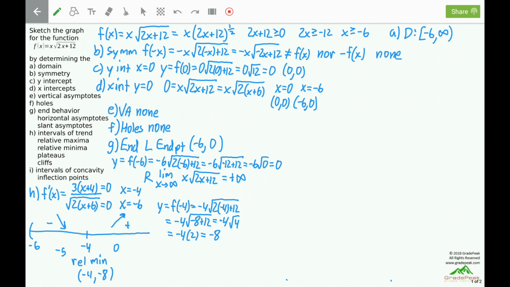Now, at the left endpoint, we also had a critical number of x equals -6, so this is a critical number here. It's the left endpoint of the domain, and it has no trend to the left of it because the graph doesn't exist over there, but to the right of it, it does have a trend of decreasing.